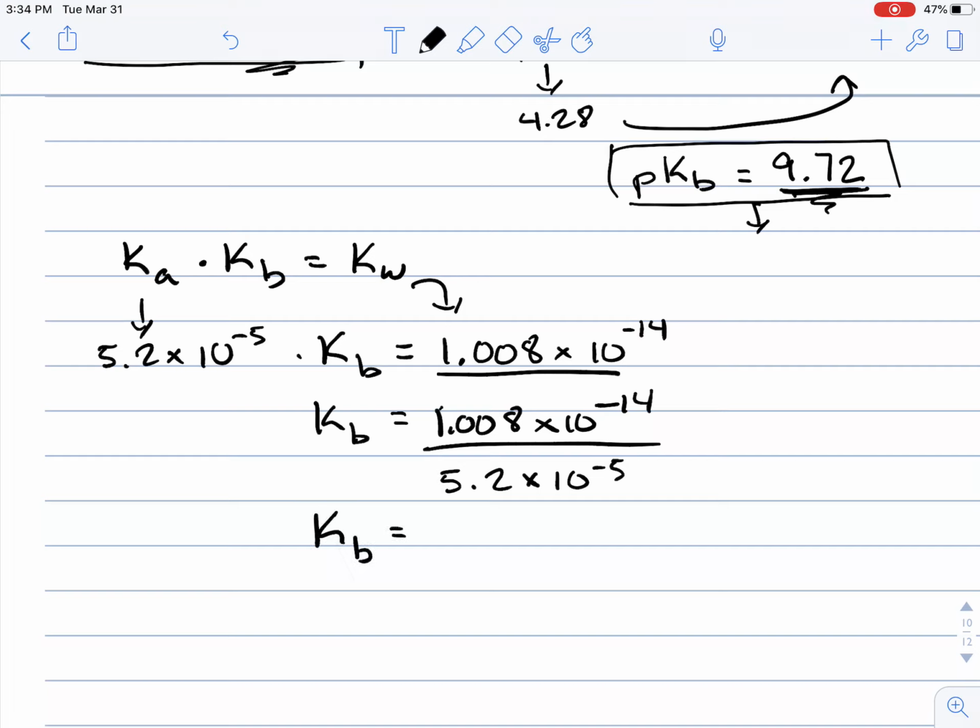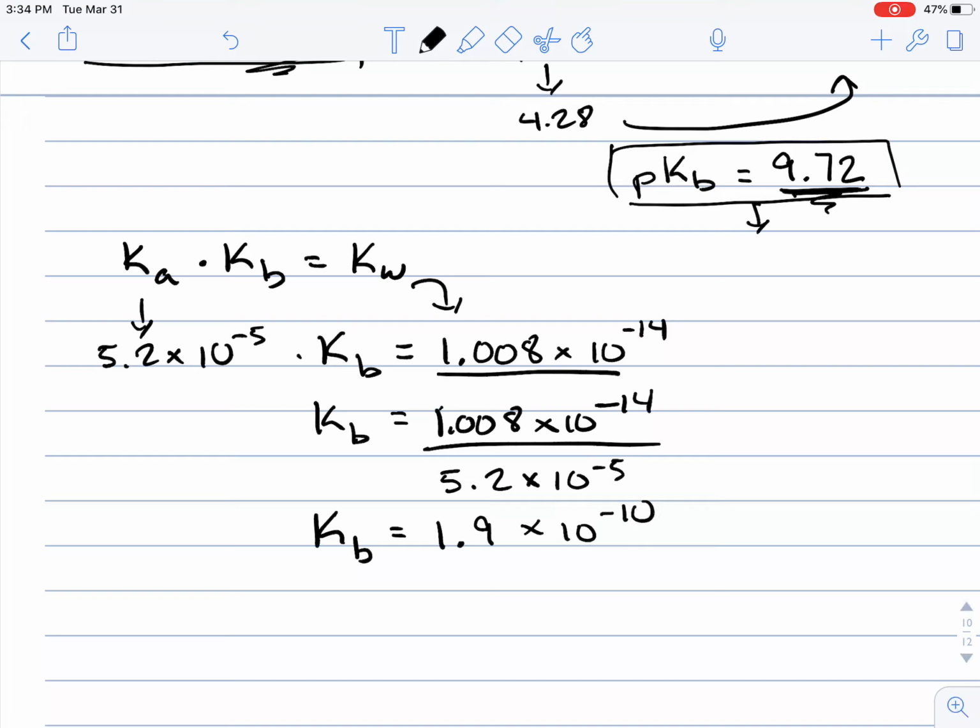And so for the value of Kb, I'm going to plug this into my calculator. 1.008 times 10 to the negative 14, divided by 5.2 times 10 to the negative 5. With the correct number of significant digits, I'm going to get a Kb value of 1.9 times 10 to the negative 10.